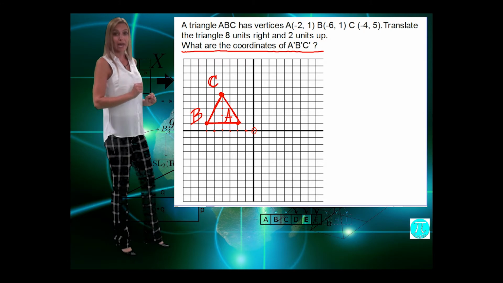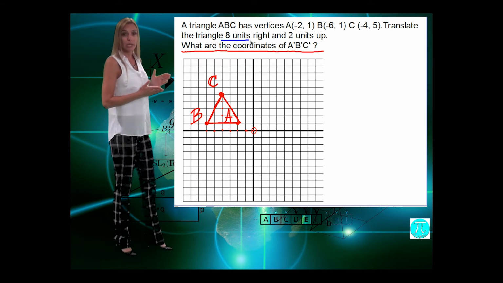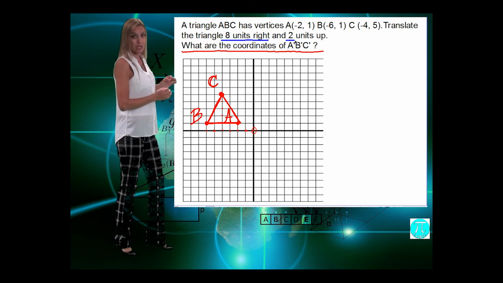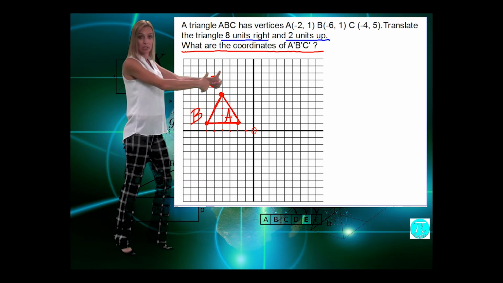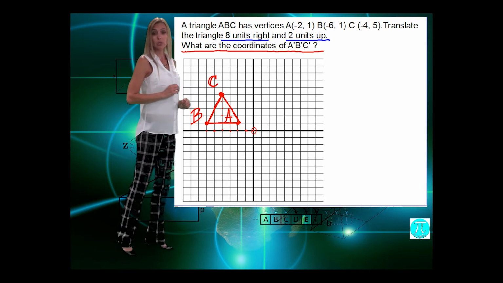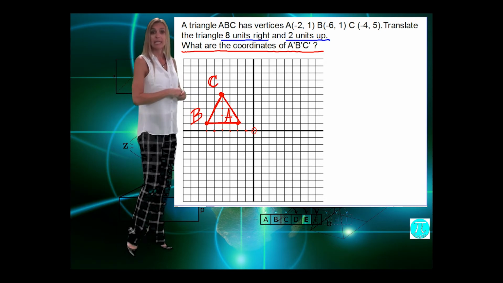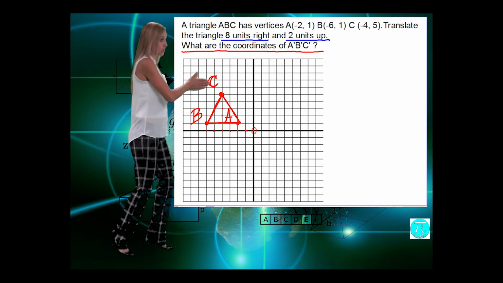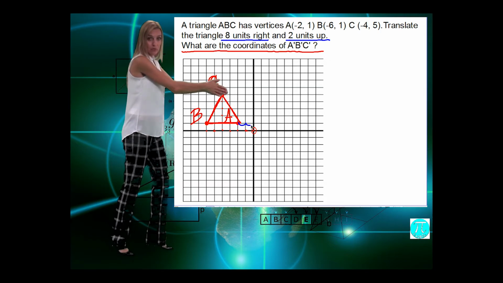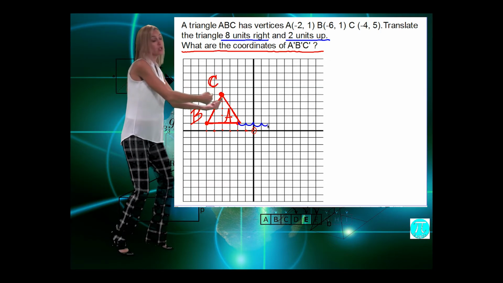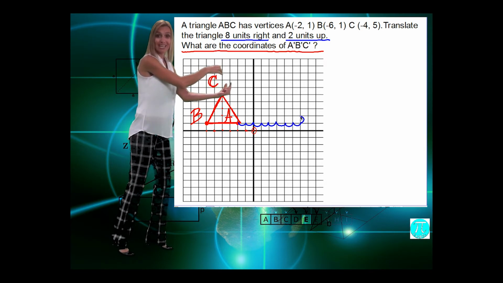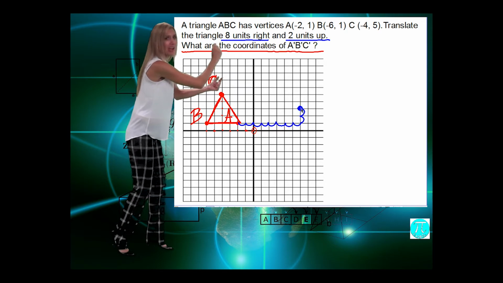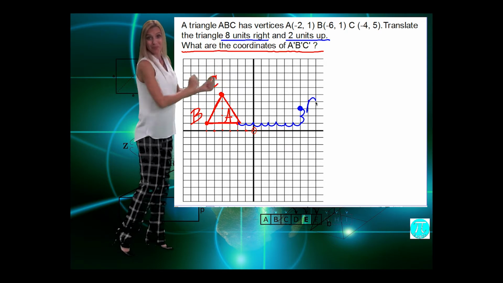Now we have to take this triangle and move it, every vertex, 8 units to the right and then 2 units up. We are going to start with the point A, for instance. And the second we move it 8 units to the right and then 2 units up, it's no longer just an A. We give it a little line above it and we call it A prime.